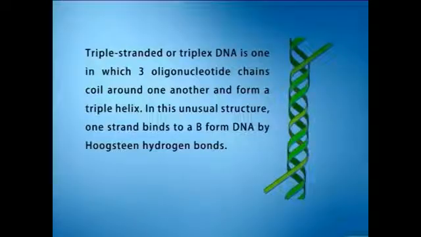Triplex and quadruplex DNA. DNA can sometimes also exist in a 3-stranded form known as triplex DNA and a 4-stranded form known as tetraplex DNA. Triple-stranded or triplex DNA is one in which 3 oligonucleotide chains coil around one another and form a triple helix. In this unusual structure, one strand binds to a B-form DNA by Hoogsteen hydrogen bonds.